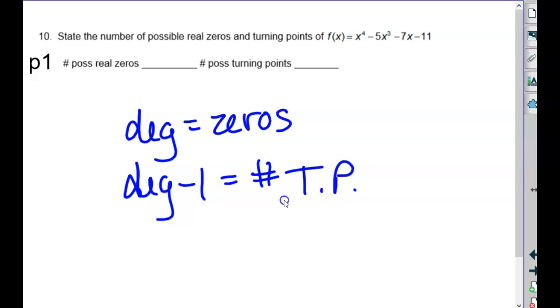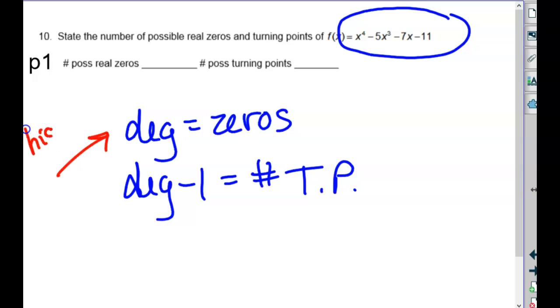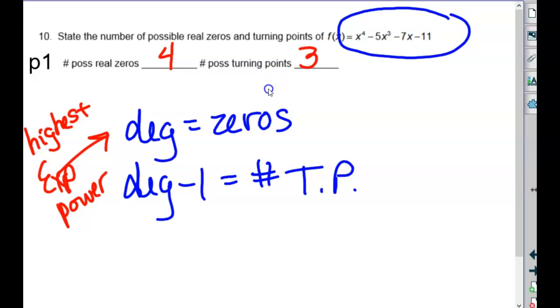That's it. So what is the degree of this? The highest exponent power, okay? And that's what the degree is. You're not adding the exponents up or something, okay? Because this is not like multiplied together. It's all factored. Okay. So it would be 4 and 3. Everybody okay?